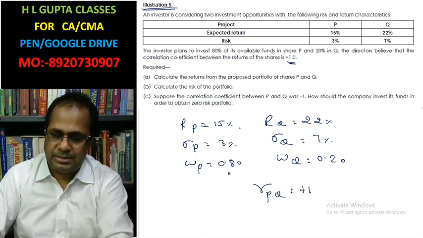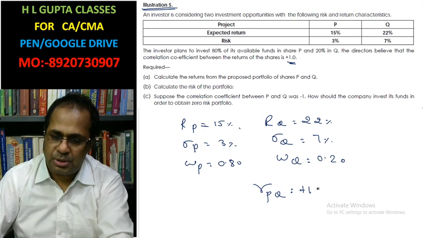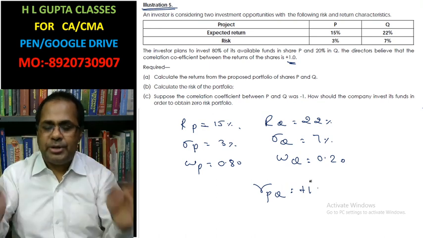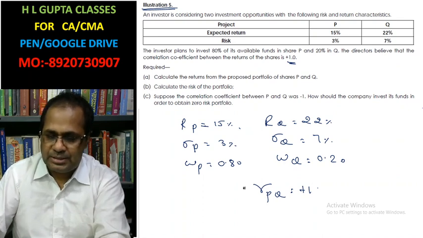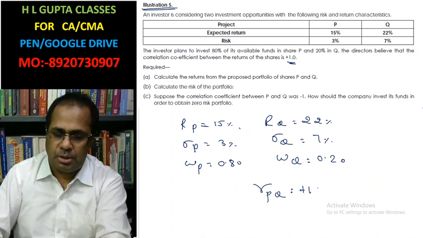In this case, when the coefficient of correlation is +1, I made you understand in my concept class the portfolio risk and portfolio return.